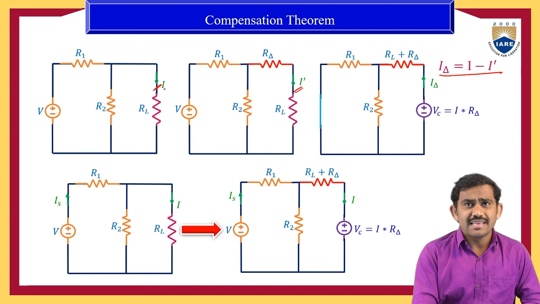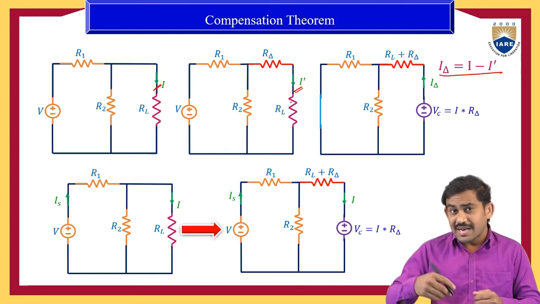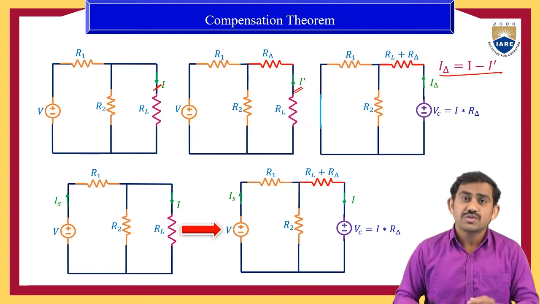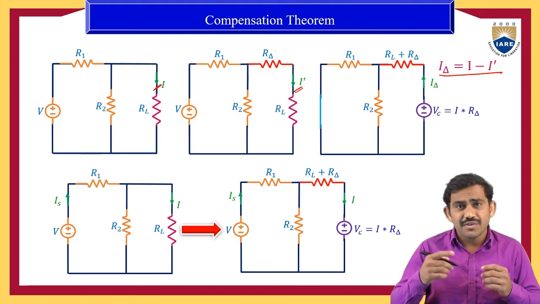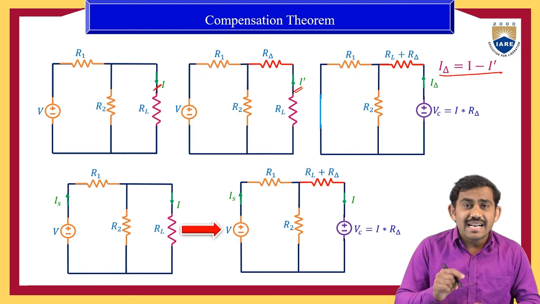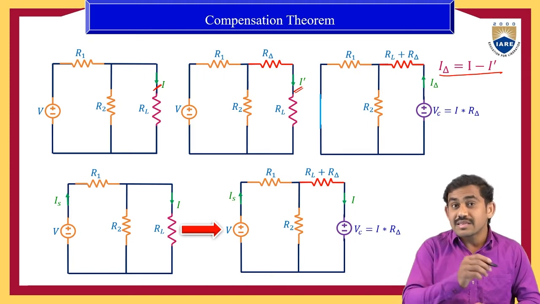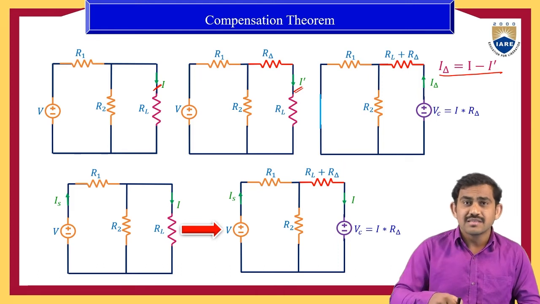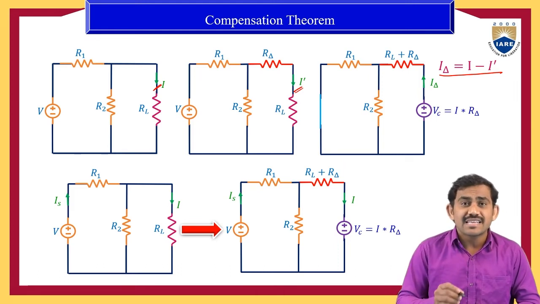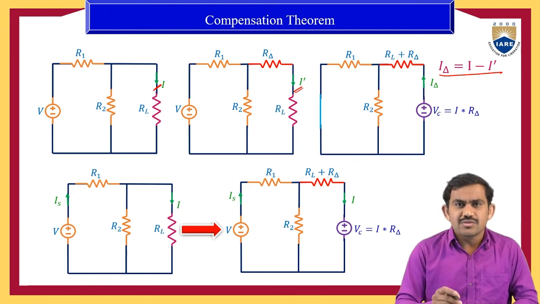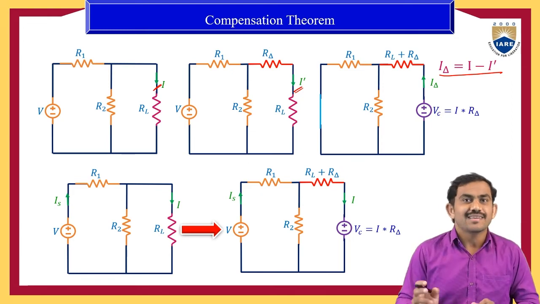Okay, I is downwards, I dash is also downwards, but I delta is upwards. I have given it as upwards. If you want to give it as downwards, then your formula will change: I delta equal to I dash minus I. If all three currents are downwards, then your formula is I delta equal to I dash minus I. Since I have given it as upwards, my value is I minus I dash.